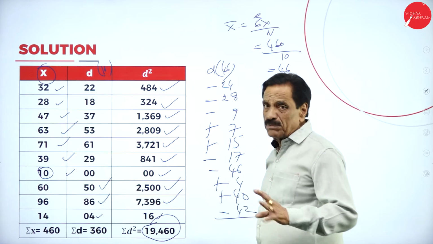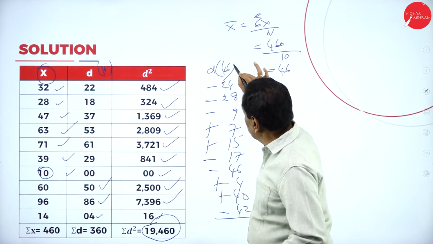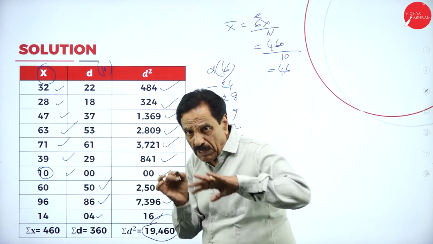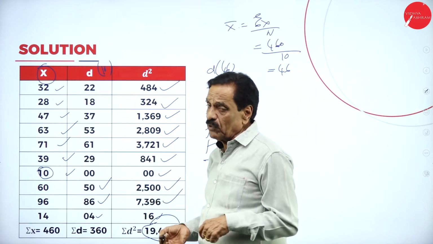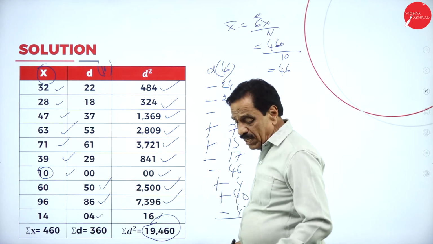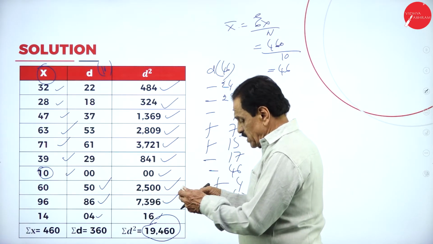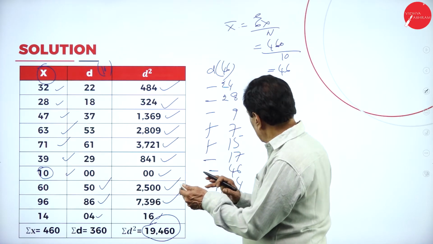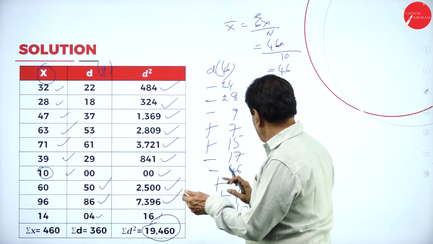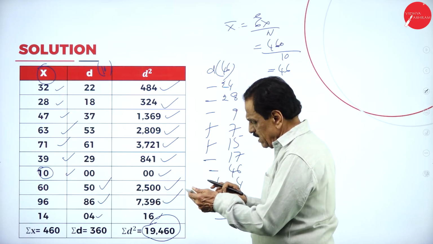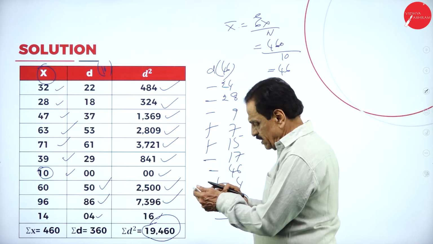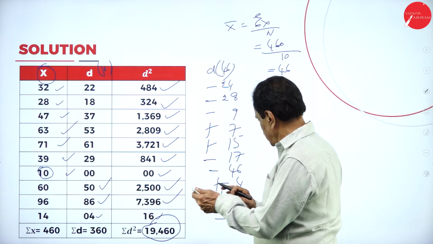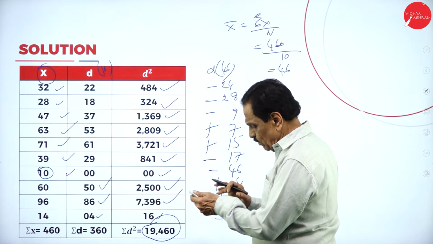Just an example I'm taking. You take the base of 46. If it comes down, minus; if more, plus. So minus figures are minus 24, 28, 9, 17, 46, 42.